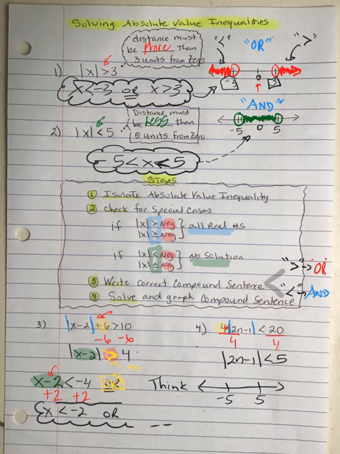If we have to be less than 5 units from 0, are we going to be on the outside of -5 and +5, or are we going to be on the inside of 5 and -5 if we're less than 5 units? And hopefully you said you'd have to be in between -5 and 5 to be less than 5 units. So therefore we have to write a compound and. So that's learning how to decide whether you should write a compound and or a compound or.